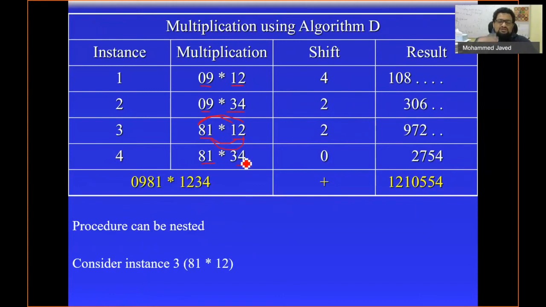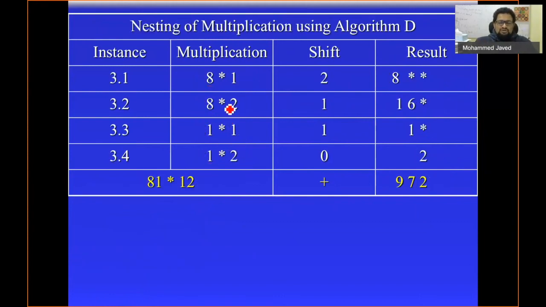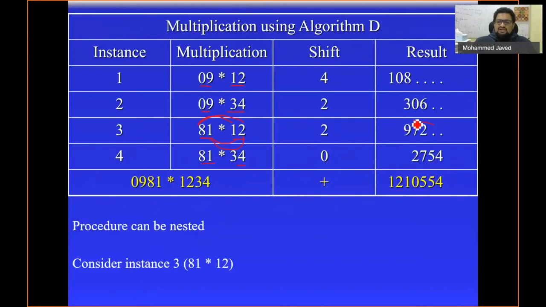So these are the 4 multiplications which I should do. The same thing is shown here. You can see that 8 into 1 is 8, with 2 shifts here. 8 into 2 is 16, 1 shift, then 1 into 1, 1 into 2. You can see that I got 972 here. So that's what we have generated.